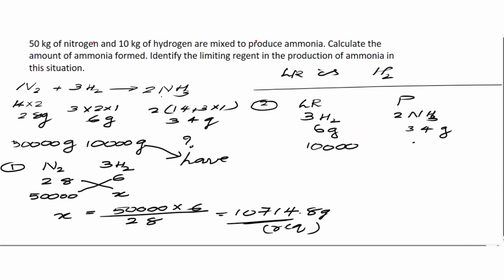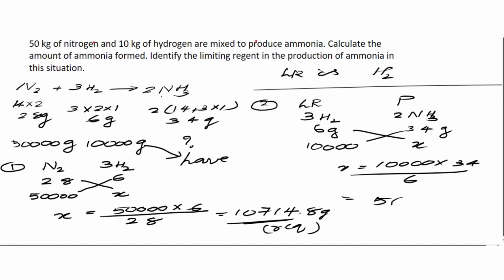And the amount of ammonia we don't know, so let it be X. Now we'll cross multiply and find X. X is equal to 10,000 into 34 by 6, which is equal to 56,666.6 grams. So this is the amount of ammonia.